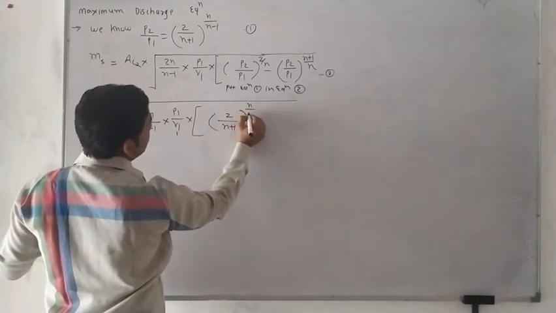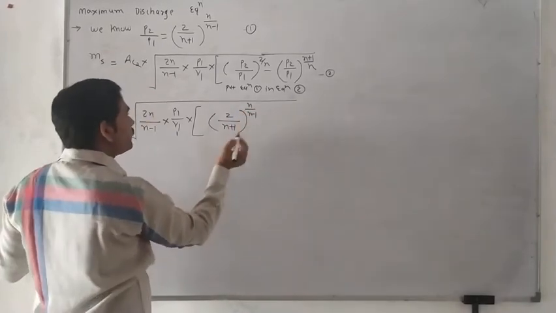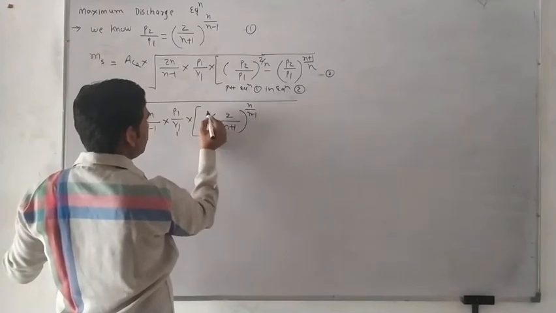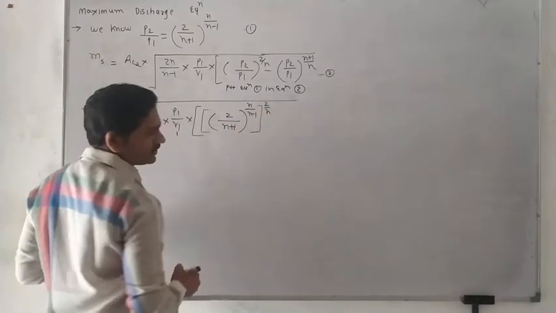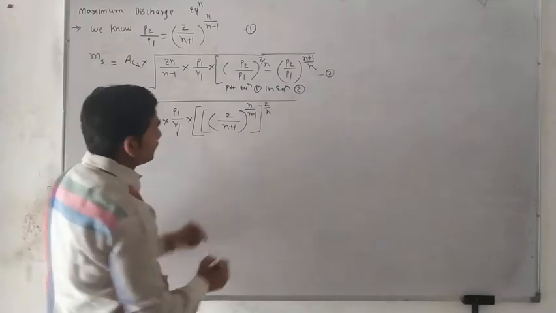correct? n upon n minus 1, very good, to the power, once again this bracket, 2 upon n, understand? Correct.